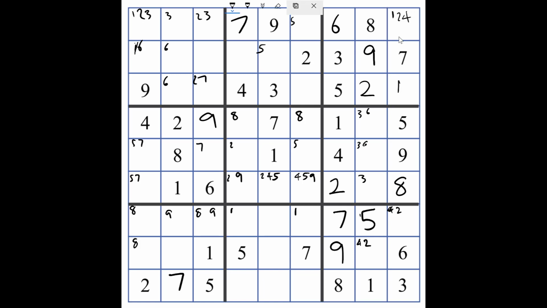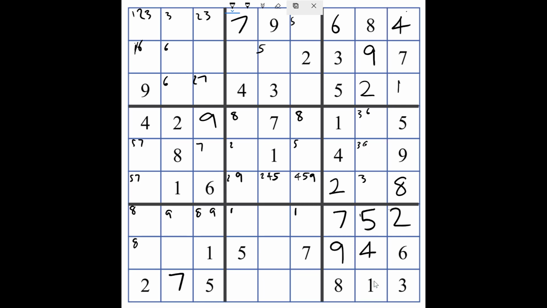And if this is a 1, this must be a 4. If this is a 4, this must be a 2. And if this is a 2, this must be a 4. Can you see how it starts to unravel a thread and we start being able to solve other problems?